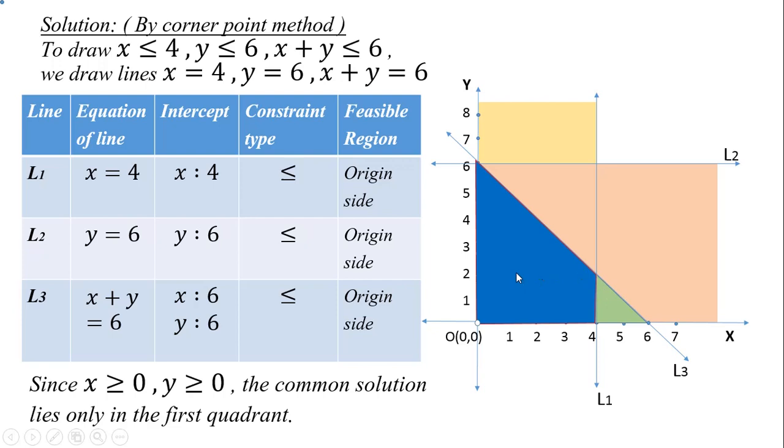Instead of finding the value of z for all the points in this blue region, that is the common solution set, we will find the value of z at the corner points only, and we will take the maximum of those values of z. That is the answer. That value of x and y will be the answer.